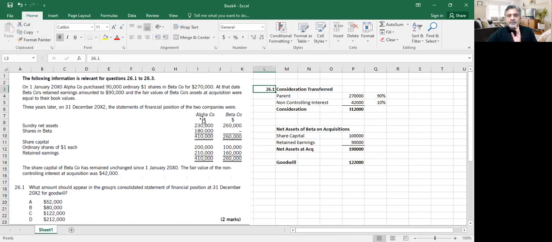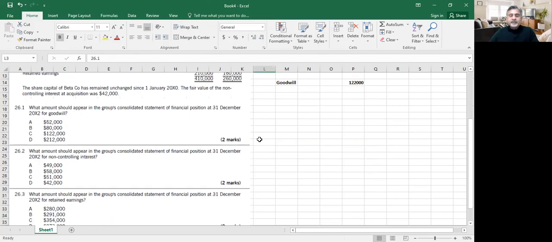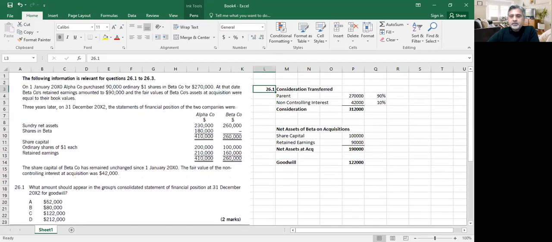If I move to question number 26.2, what do they ask me? They say, what amount should appear in the group's consolidated statement of financial position for non-controlling interest, NCI, on 31st December 22? So what was the NCI? Now, we have here NCI 42,000.